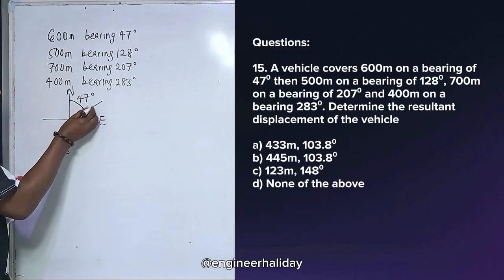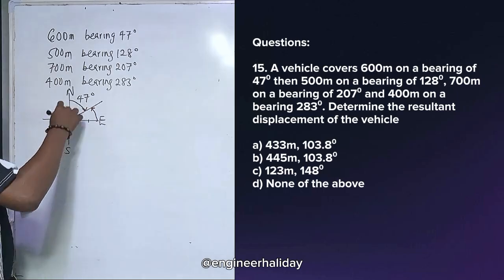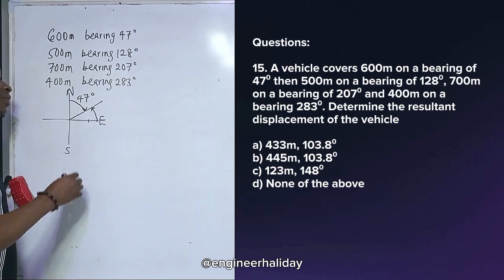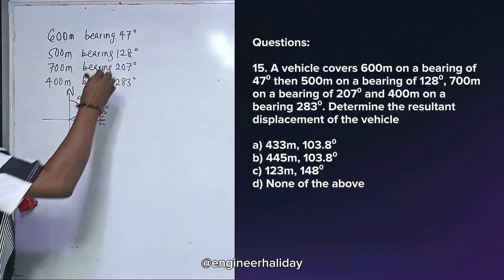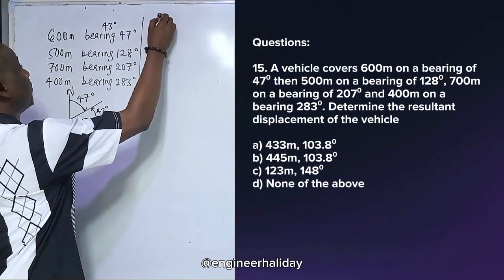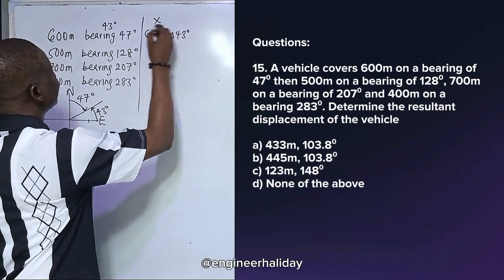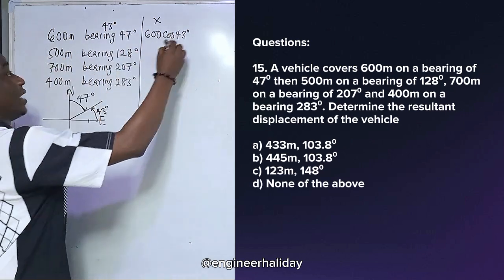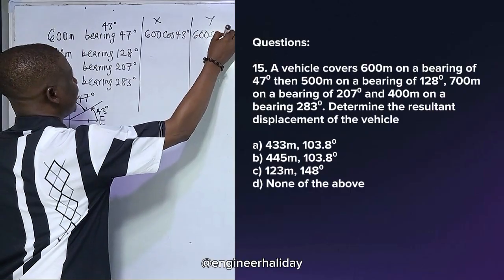From the east to where it touches that 47, what is the angle? 43. That will be the 43 degree vector angle. So if you want to resolve this one, x is 600 cos 43, then y is 600 sine 43.